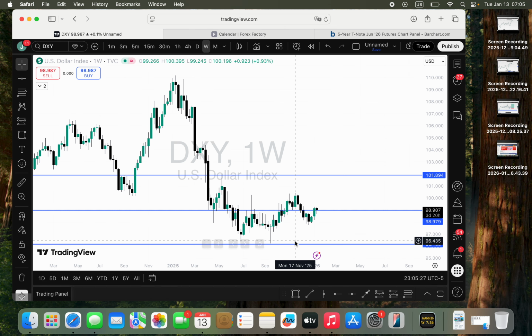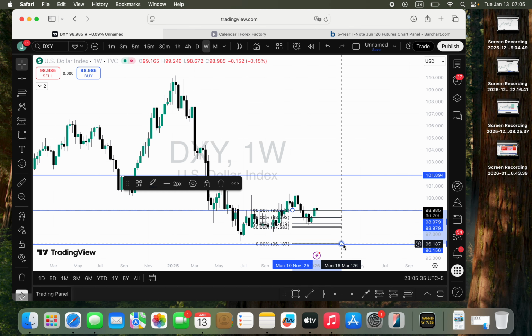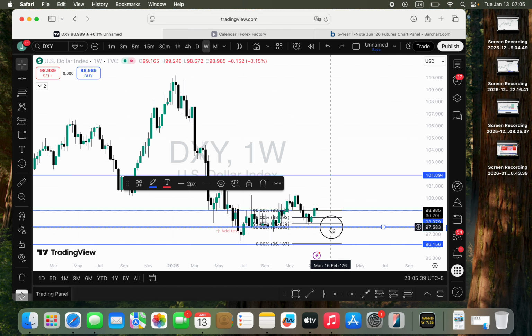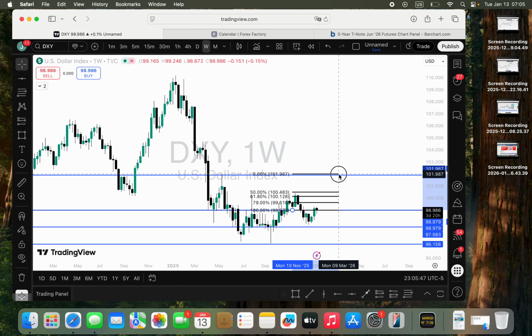Here, we can also just mark the 50 range first.